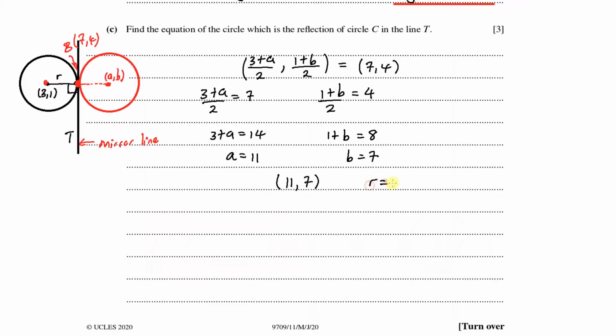So r is equal to 5, or r squared is equal to 25. So we can say x minus 11 squared plus y minus 7 squared is equal to r squared, which is 25. So this becomes the equation of the reflected circle.